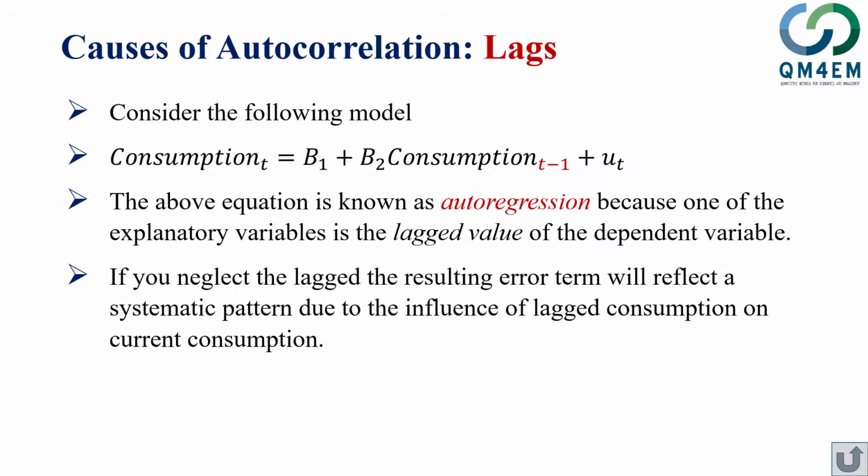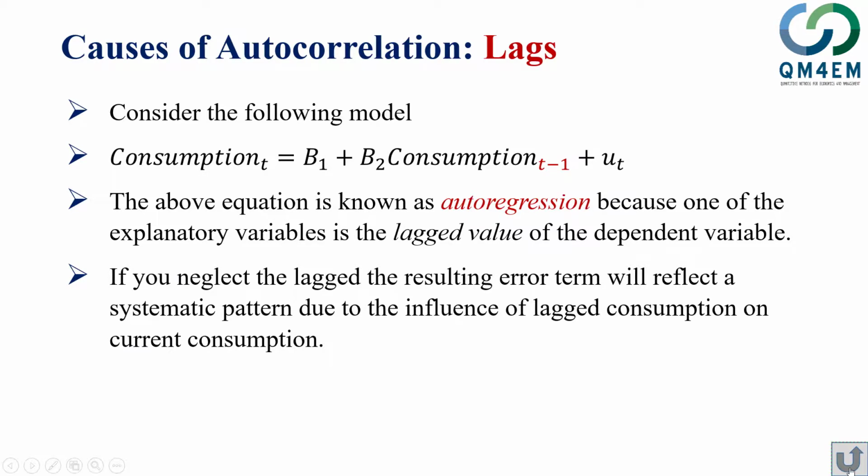You can think of it as the case of an excluded variable, but this time the excluded variable is not a different variable, it's the lag value of the dependent variable. So we call it the case of autoregression, or autoregression of order 1. It could be of order 2 or even higher order. So this also leads to a problem of autocorrelation.